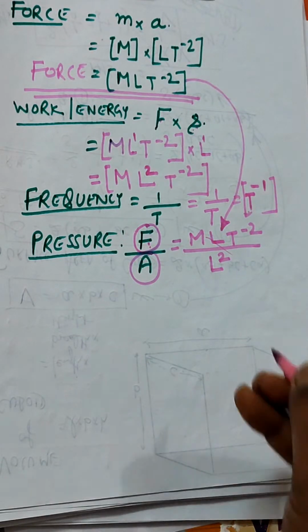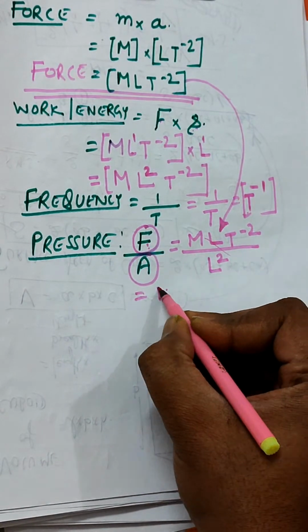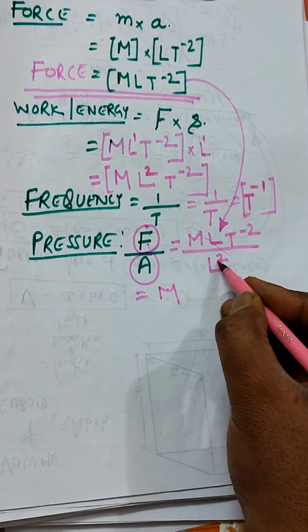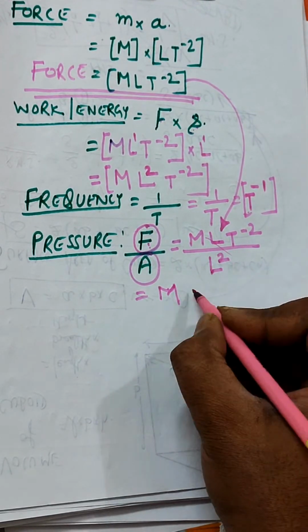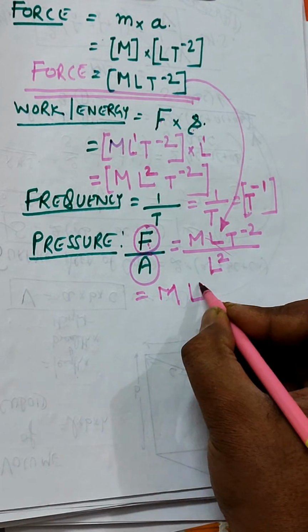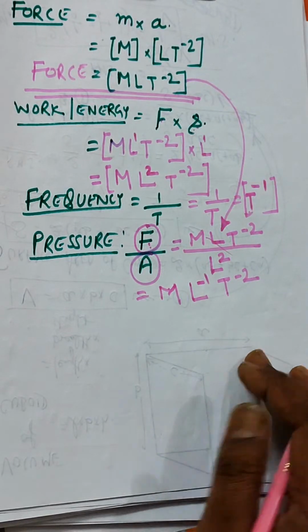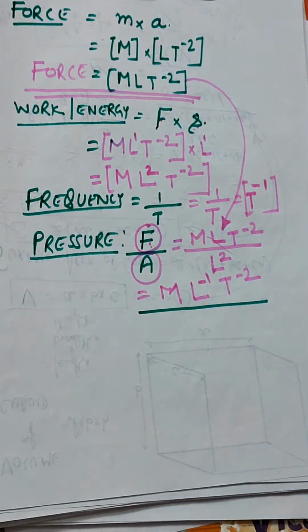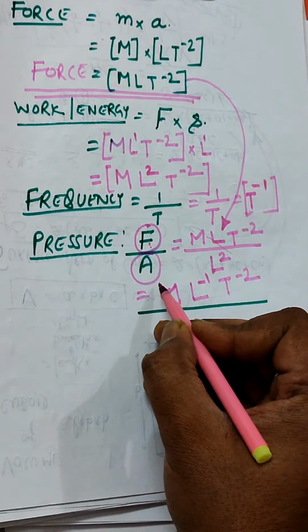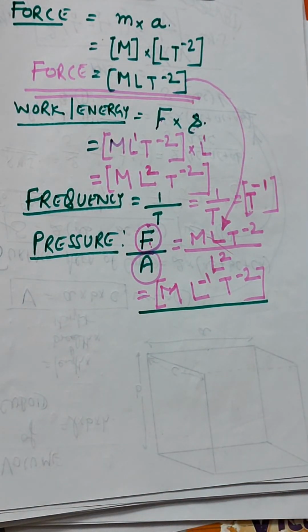When all goes into the numerator, it will be M. One L will be cancelled, and one L left in the denominator will come into the numerator. So this will be M L minus 1 T minus 2. This is the dimension of pressure, kept in a big bracket. This is the standard form where the derived unit of pressure can be written, right?